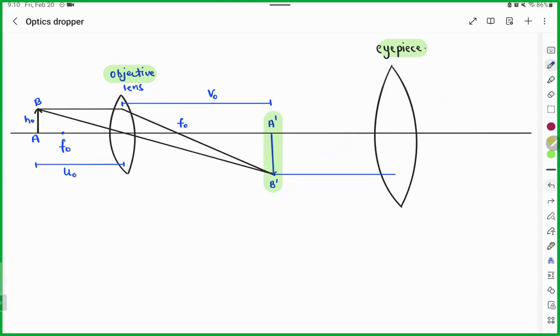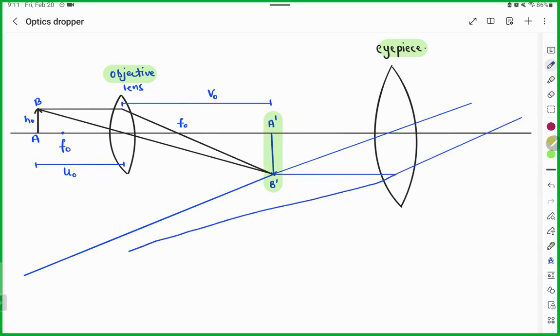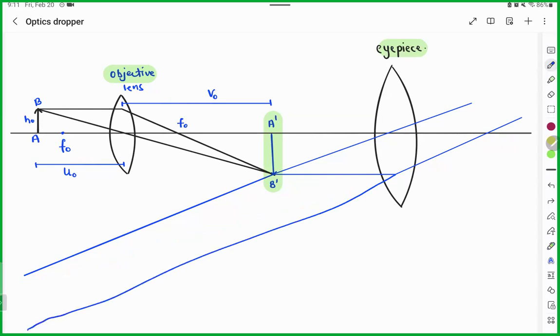This is the problem. This diagram is wrong because if I draw this, it should go like this.